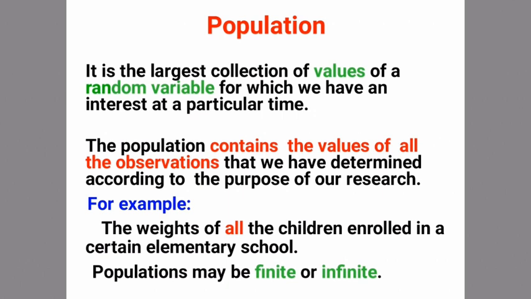Now the population should be the height values of all the students in this school, not the height values of all the students in your class. Because the objective of our research is changed, now the population is also changed. The population contains all the values of all observations that we are interested in.